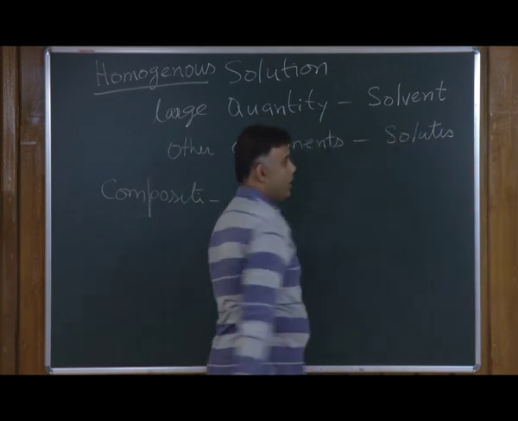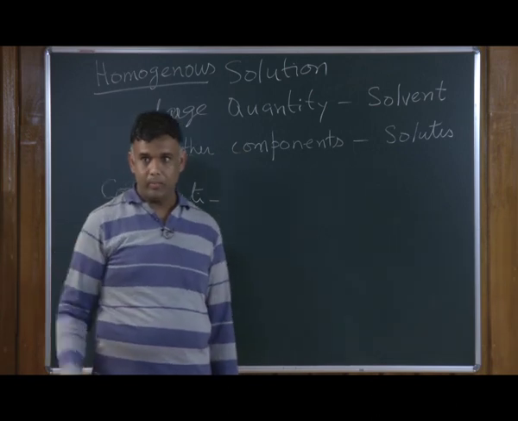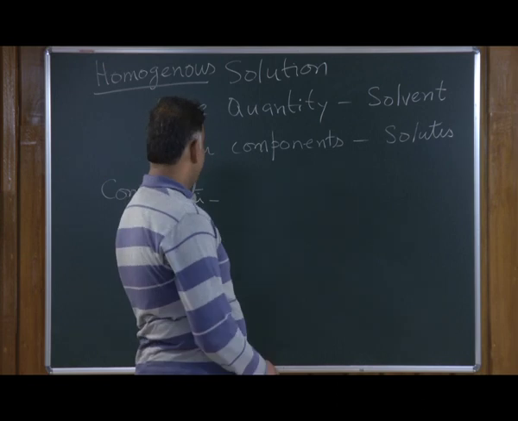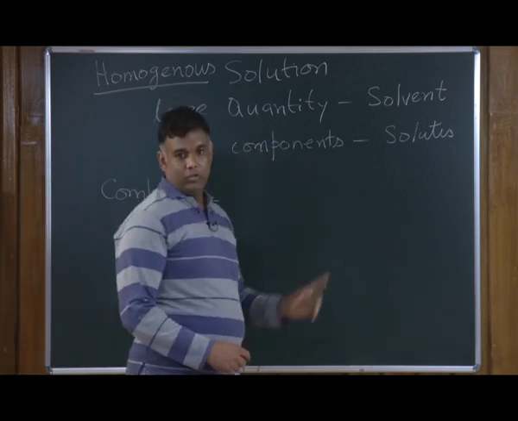There could be more than one other component in a smaller quantity, they will be called solute. In a binary solution, we have a solvent and a solute.